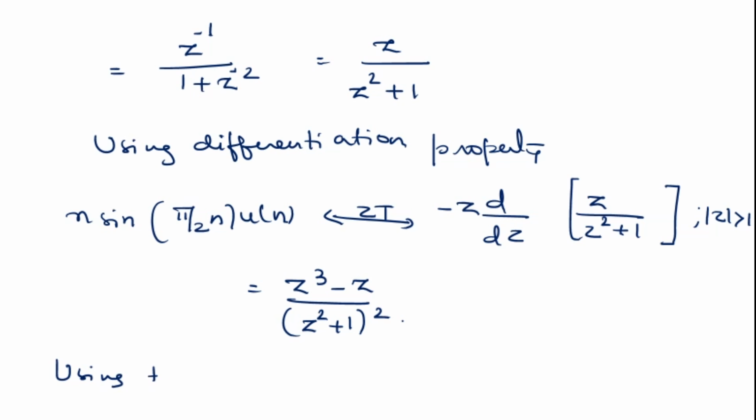And using time reversal property, we get minus n sine minus pi by 2 n into u of minus n.